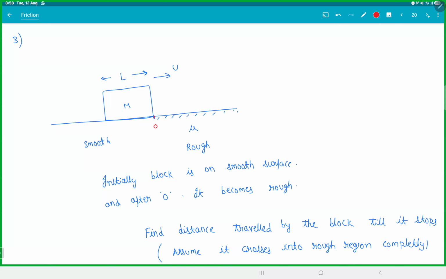What if some part is inside and some part is outside? Hope the picture is clear. Length of the block is L. So your answer should come in terms of mu, L, g, and everything. Initial speed is u.